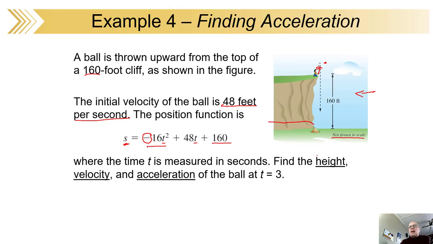So it says find the height, velocity, and acceleration of the ball at t equals 3. Well, we can do the first part pretty easily because here's our height function right here.